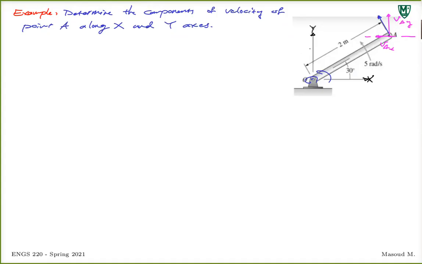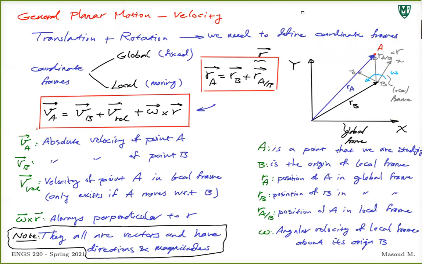That you can easily do. And the velocity is R omega. So you have R of 2 times omega of 5, which is 10, and then find the components, finding the angles, 30 degrees. With the 30-degree angle, you can decompose it and find the components of velocity along each axis. But you want to use this equation, right? General planar motion.